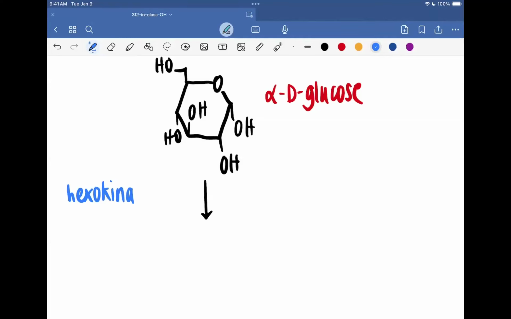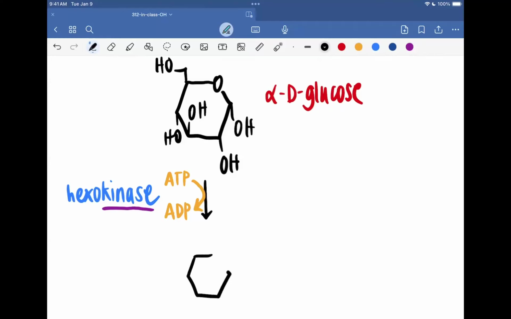That prefix hexo is because there are 6 carbons, but the kinase tells us about what type of reaction is taking place. And kinases should trigger the thought that phosphoryl groups are moving. In this case, we're going to see ATP being used to form ADP so that a phosphoryl group can get added to glucose.